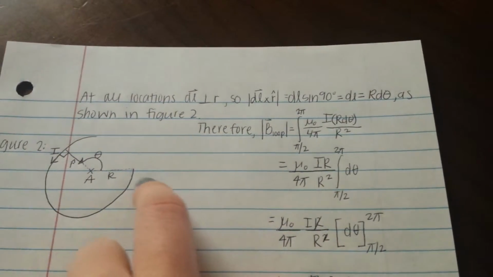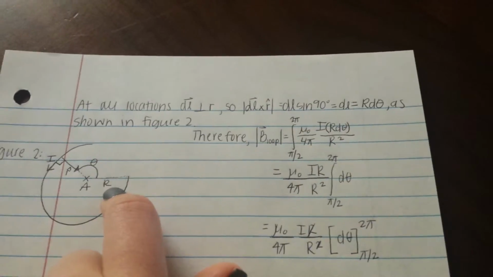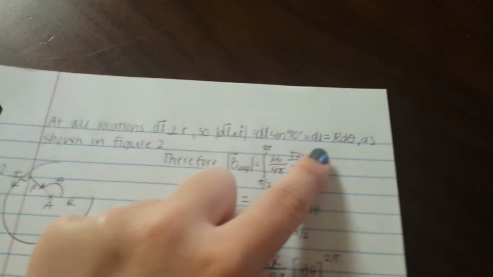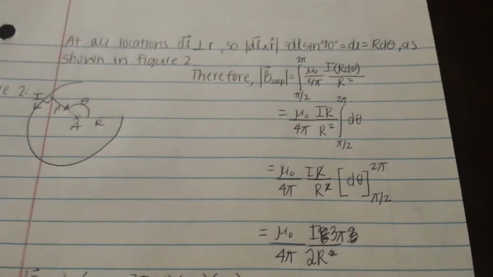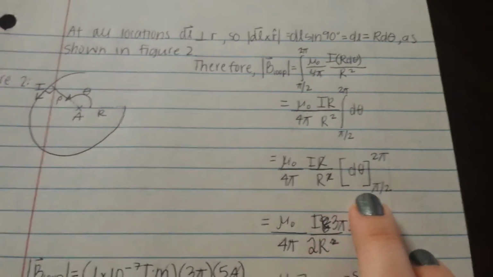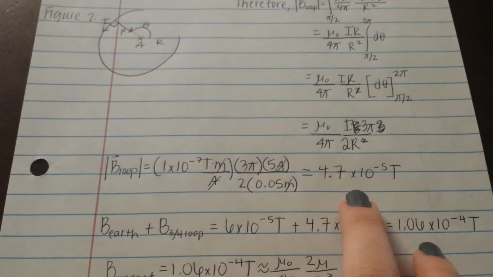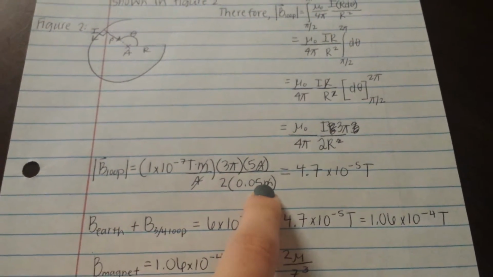And this relationship here isn't changing either, R d theta. Well, the angle is going to change, so that stays inside the integral, d theta. And so we evaluate that and come up with this for the loop.